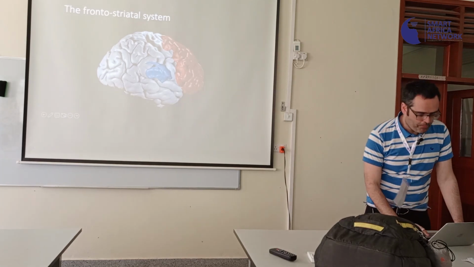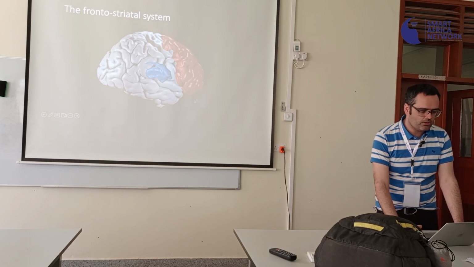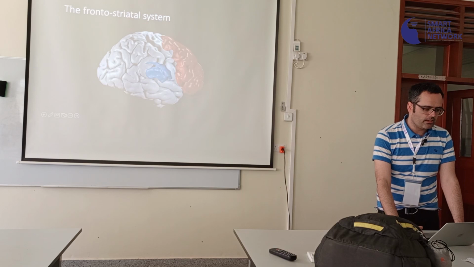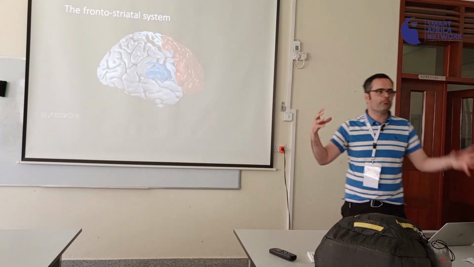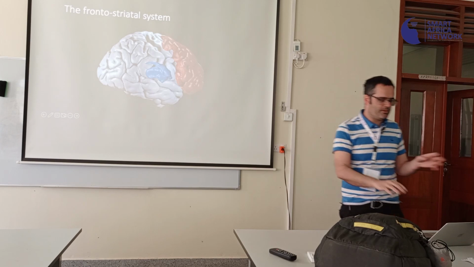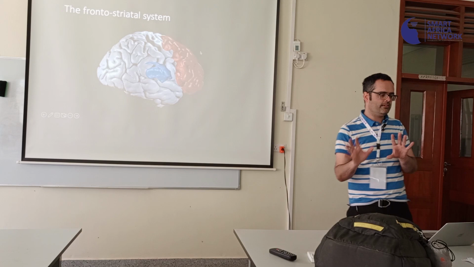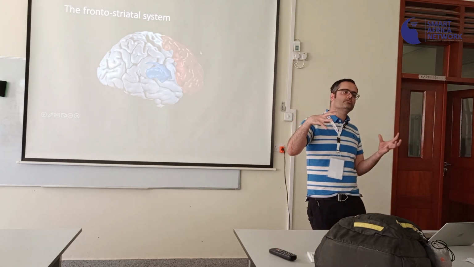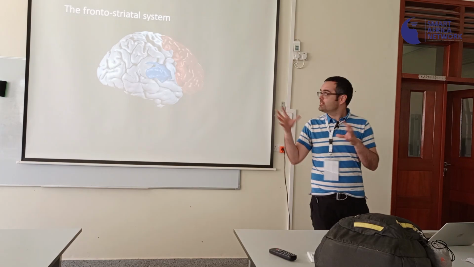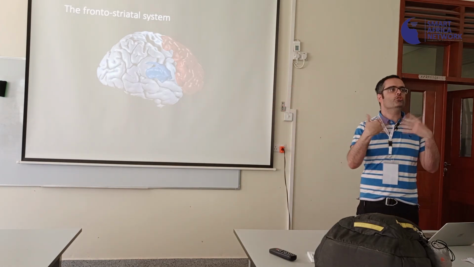So here's the brain, and I've highlighted very broadly the frontal lobe, or the prefrontal lobe, and the striatum, which is in the middle of the brain, the deep gray matter. The striatum is blue here, and the frontal cortex is red. We call these regions the frontal striatal system. We think that this is involved in most of what makes us human.